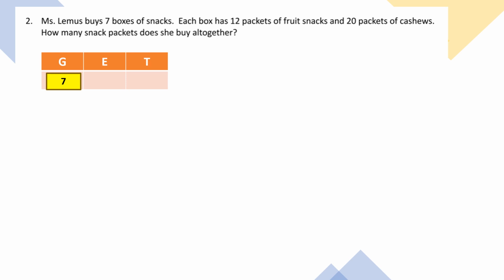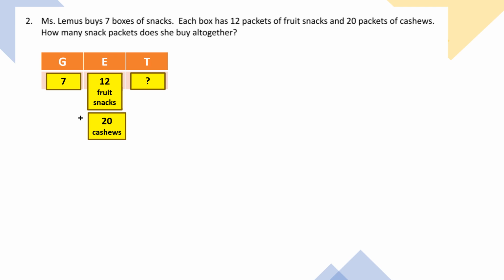So each box has 12 packets of fruit snacks. So I'm going to write 12 fruit snacks and 20 packets of cashews. So I'm going to add my 20 packets of cashews to my 12 fruit snacks. And I don't know my total because the total is how many snack packets does she buy altogether? That's the answer to my question.